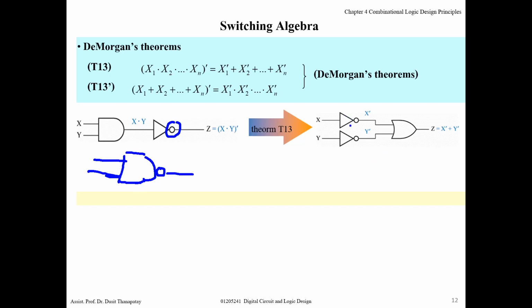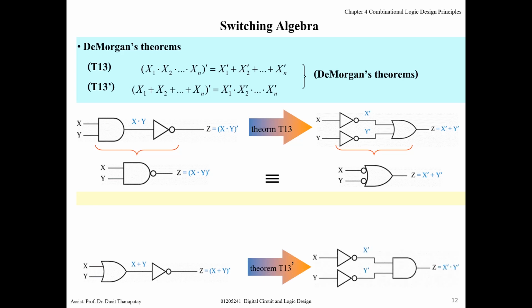You can do the same thing, namely this OR, and you keep this inversion bubble and move it to the input. So this one is also a NAND gate, a different symbol but the same function. So please remember. This is the new one.